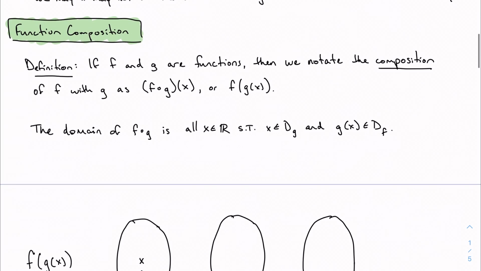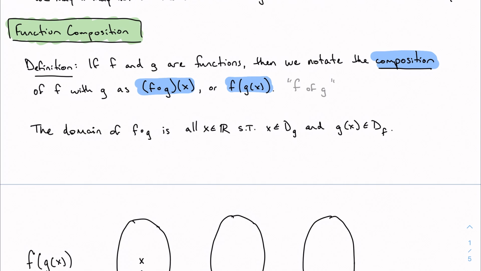When we talk about composition, this is where things get a little more complicated, just because of some of the notation. If f and g are functions, then we notate what we would call the composition of f with g, so the composition, as f of g of x, also notated this way. This reads as f of g.